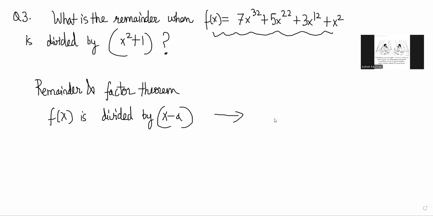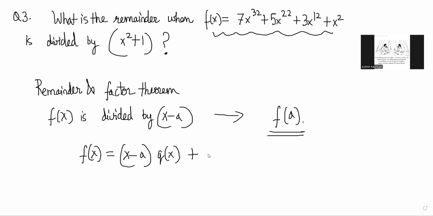What is the value of that constant? F of a. The reason is if you divide f of x by x minus a, you will get something like this: x minus a and some quotient plus some remainder r of x, right? Correct?